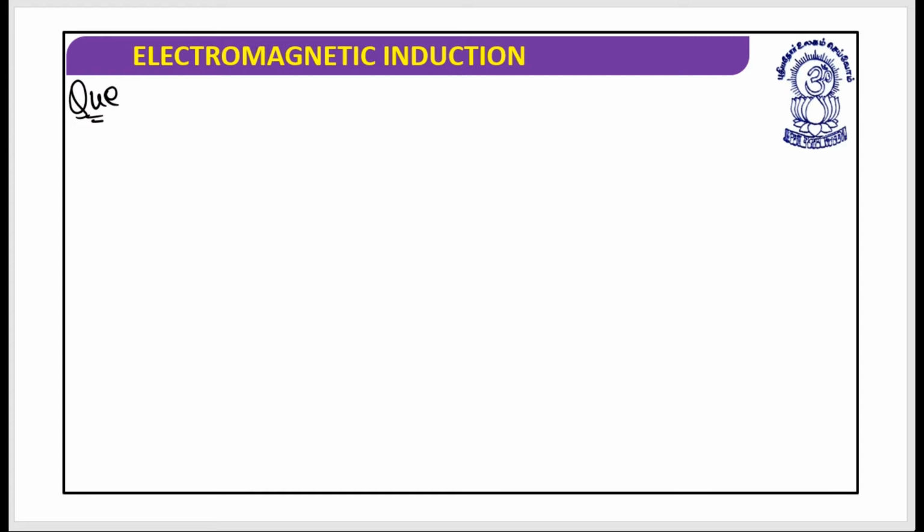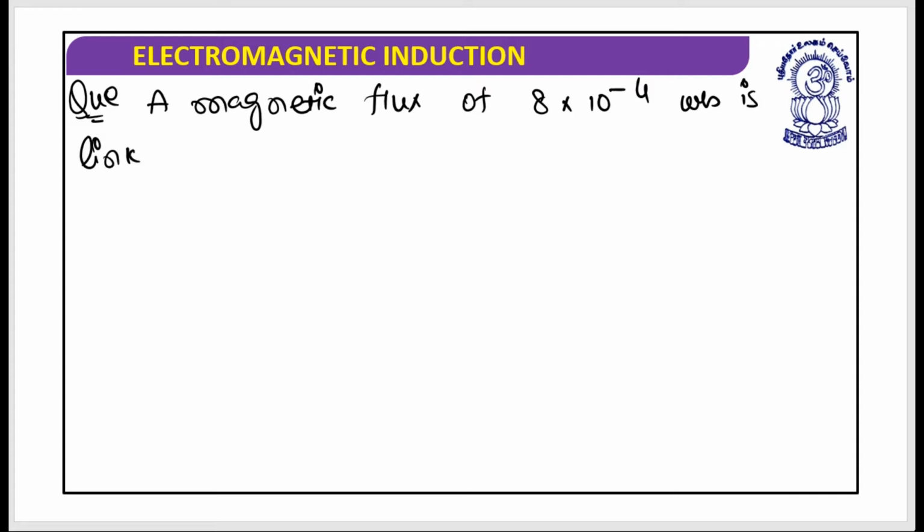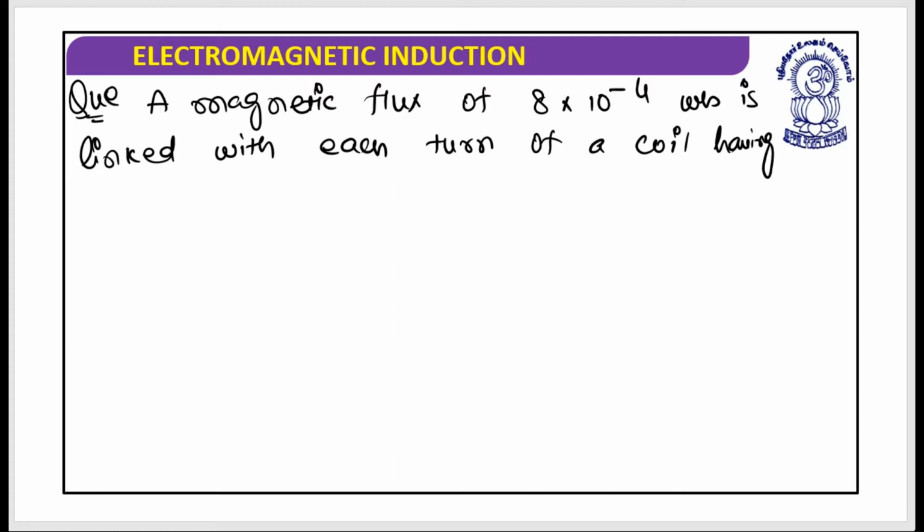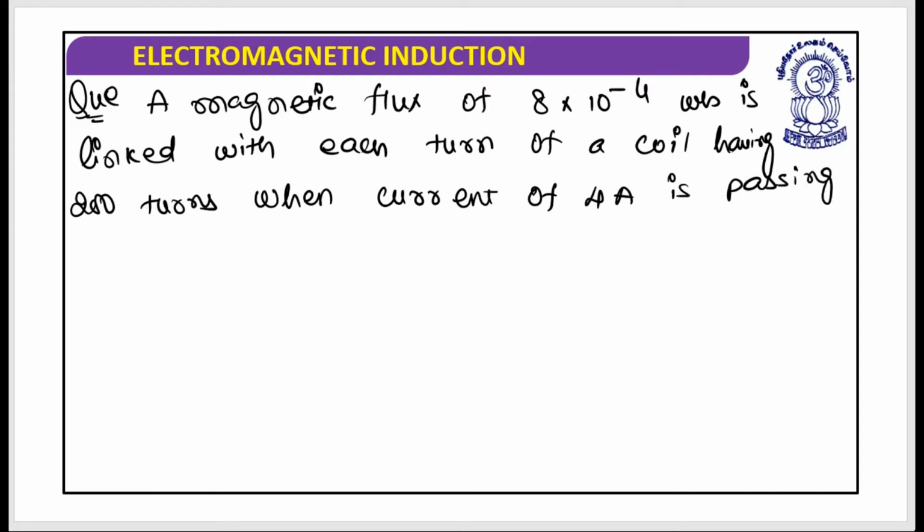Let's have a look. It says that a magnetic flux of 8 into 10 to the power minus 4 Weber is linked with each turn of a coil having 200 turns, when a current of 4 ampere is passing through it.